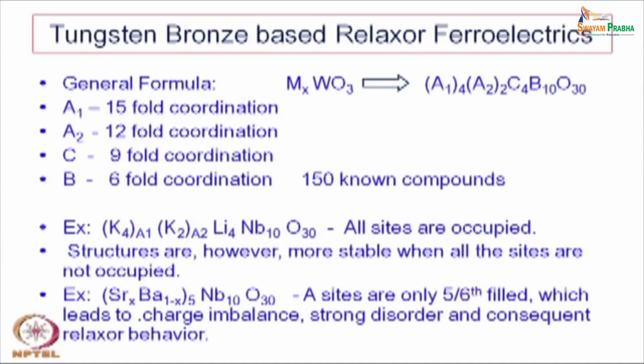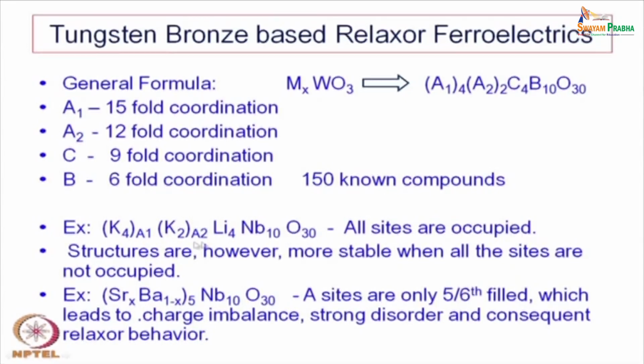Although there is a spontaneous polarization, the disordered structure is the key for getting the relaxor behavior. So, here also, because of this vacancy or the unfilled sites, you have charge imbalance and then strong disorder and consequent relaxor ferroelectric behavior.